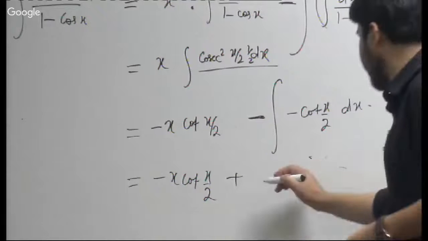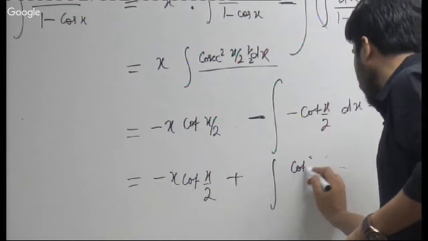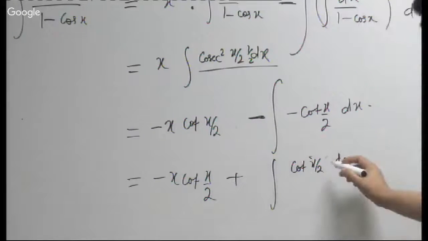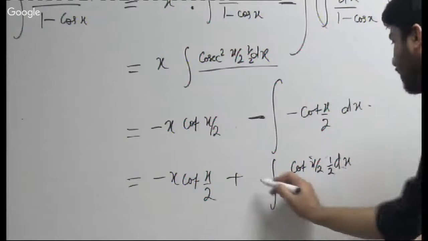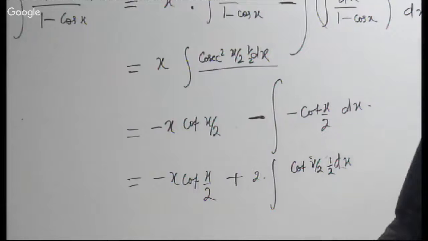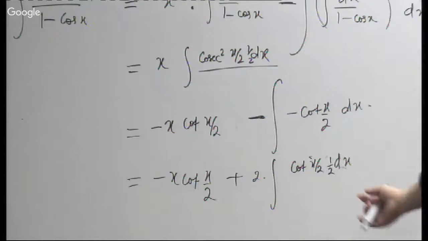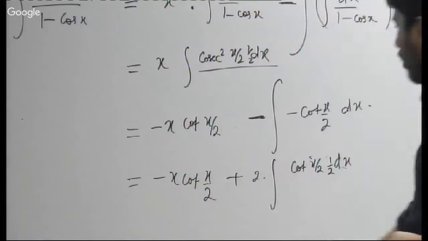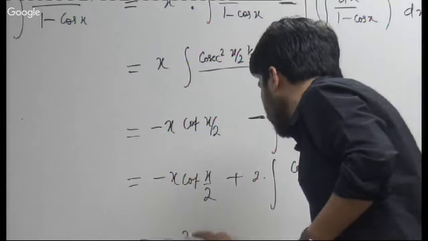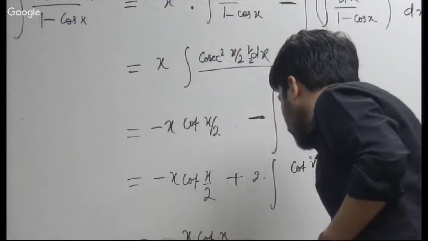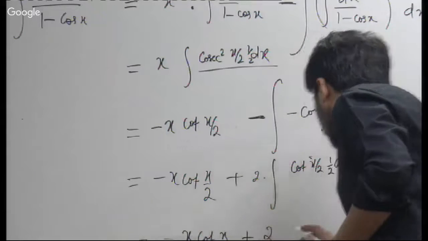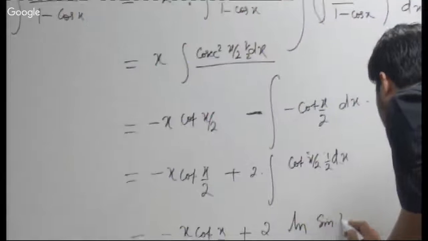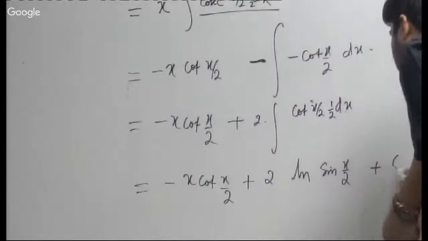If I say cot x by 2 dx, I have to put a correction of putting half and then 2 here. Right? Now I can do cot t dt. What is cot t dt? Log sine t, so plus 2 ln sine x by 2 plus c.